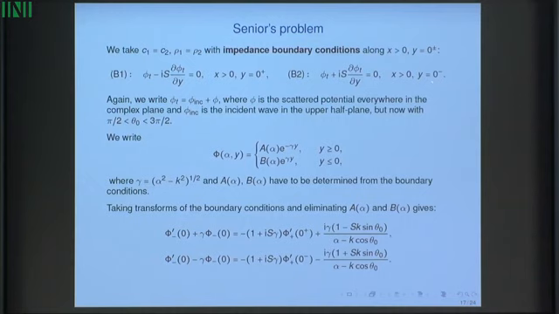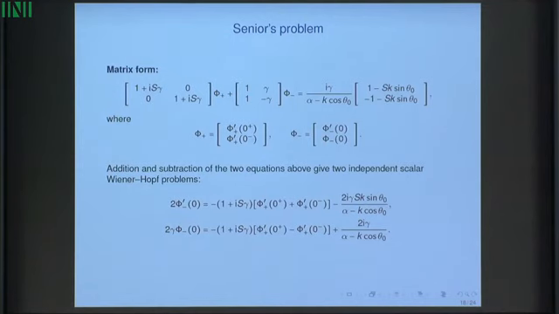Same analysis leads to these two coupled equations, which can be rewritten in matrix form here, and now we are trying to find these two vector functions, phi plus and phi minus. In this case, it turns out that if you add and subtract the equations, it leads to two independent scalar problems. But let's just consider the matrix formulation.